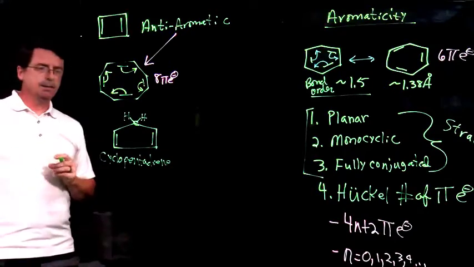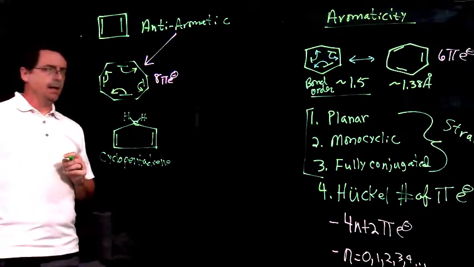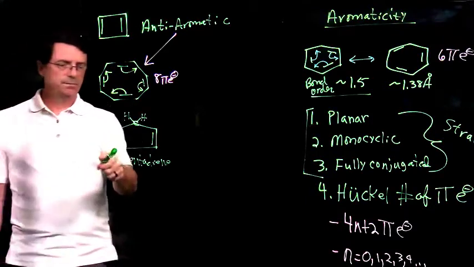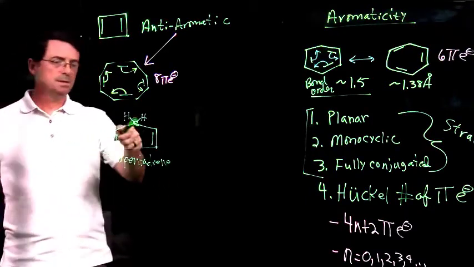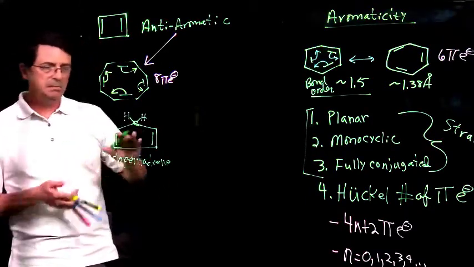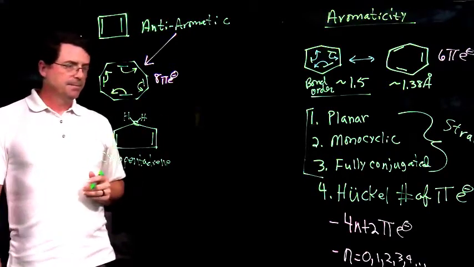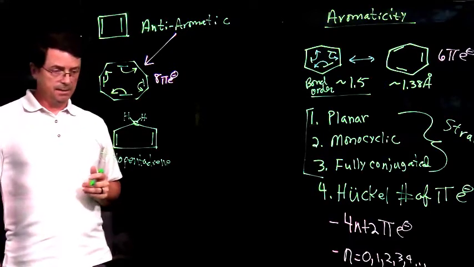So is cyclopentadiene aromatic or anti-aromatic? Well, is it planar? Oh, we have 4 sp2 carbons, and then we have this other one, so it probably could be pretty close to planar. It's monocyclic. Is it fully conjugated?